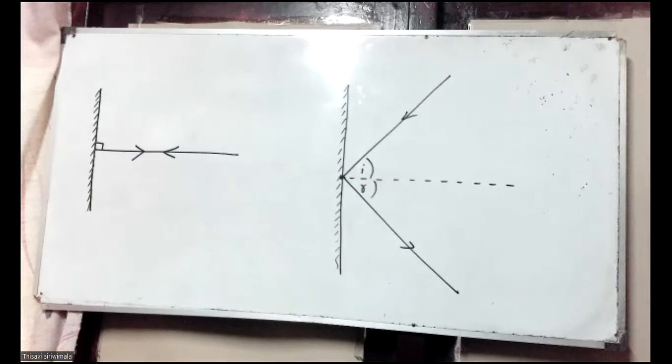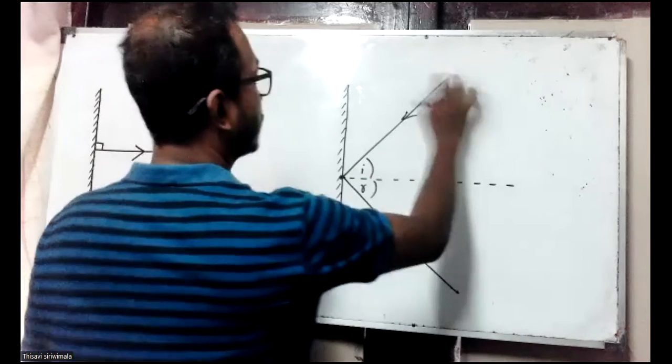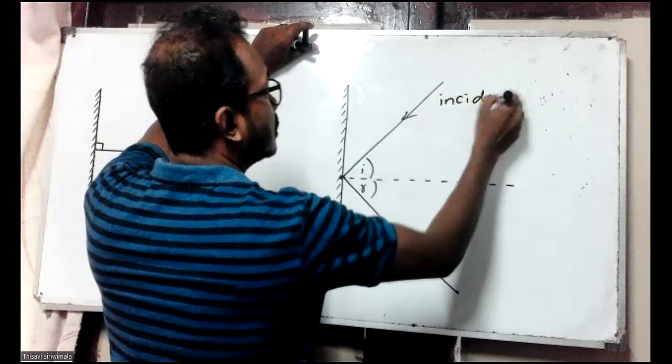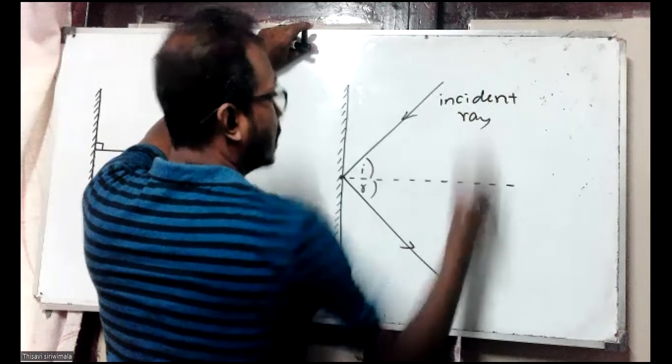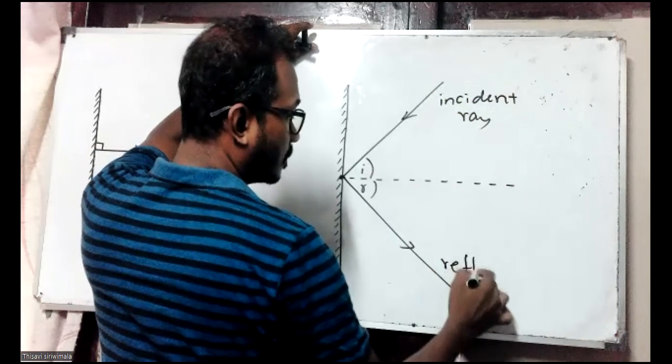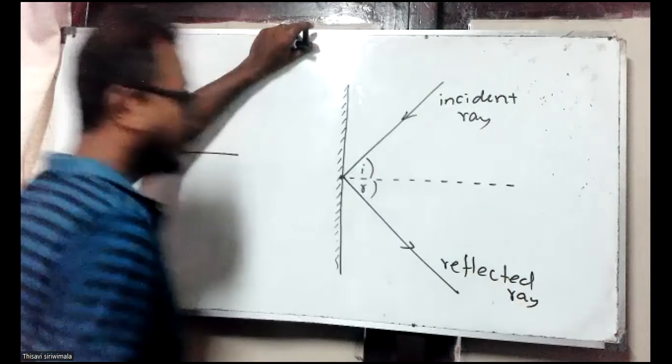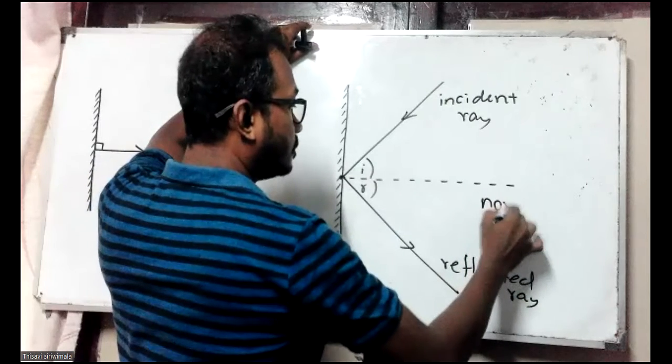So this is for the second box, and you have to name the parts. So this is the incident ray. This is the reflected ray. This is the normal.